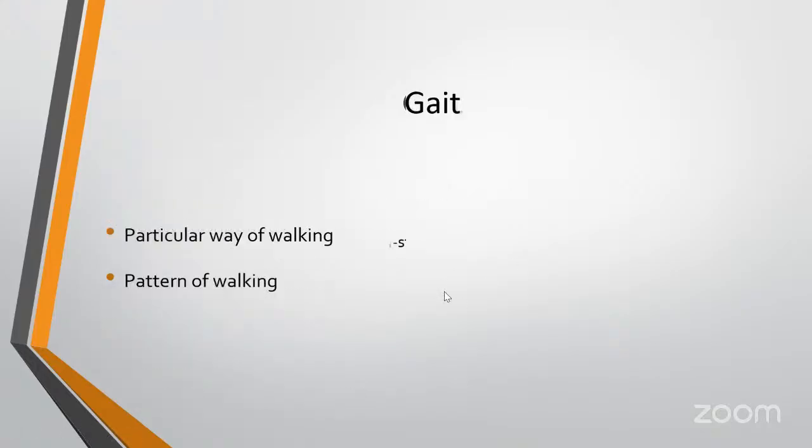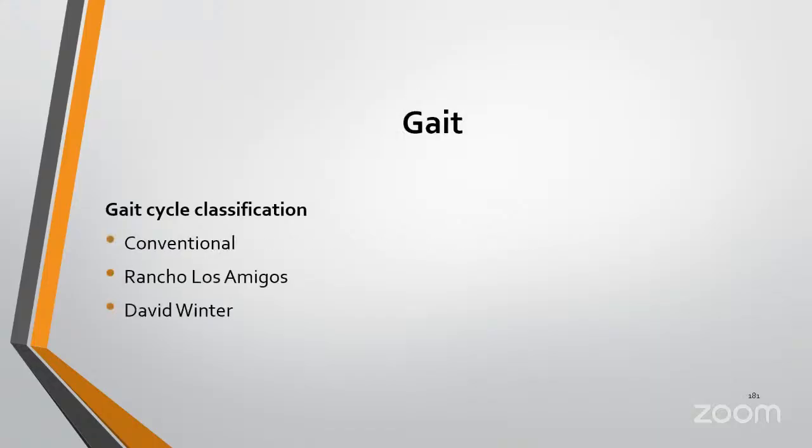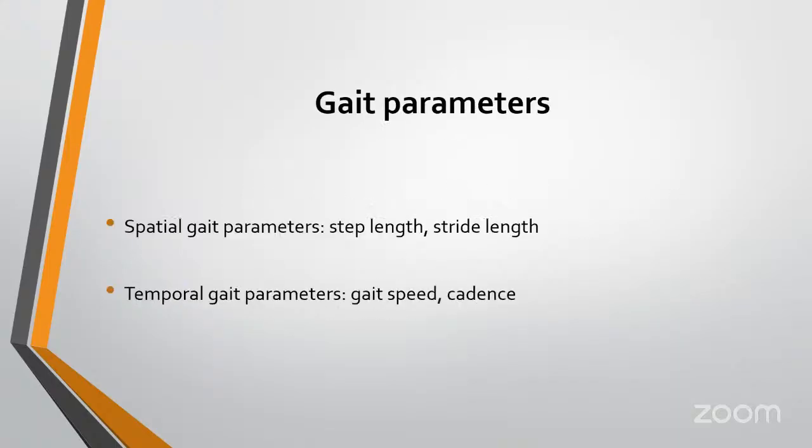So how do we measure gait? I will not go into detail on the measurement of gait. I'll just concentrate on what we will be looking at. Yes, we have various parameters. We have the spatial and temporal parameters for us to know that there's a good gait pattern. We have the spatial, like step length.